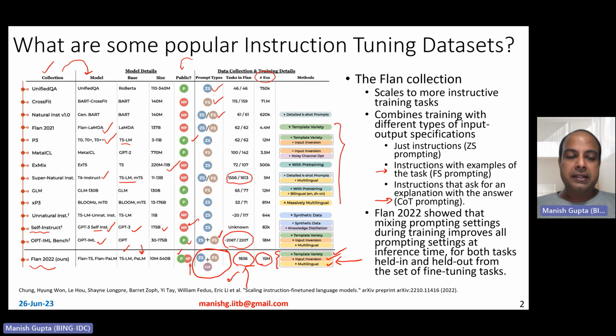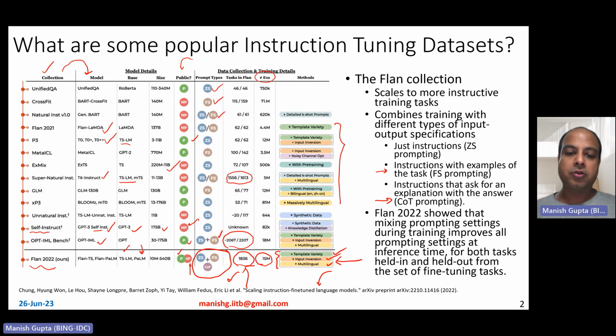In this particular publication, when they used the Flan 2022 collections to train Flan T5 and Flan PaLM models, they basically showed that mixed prompting settings during training improve the performance at inference time across all kinds of prompting settings.